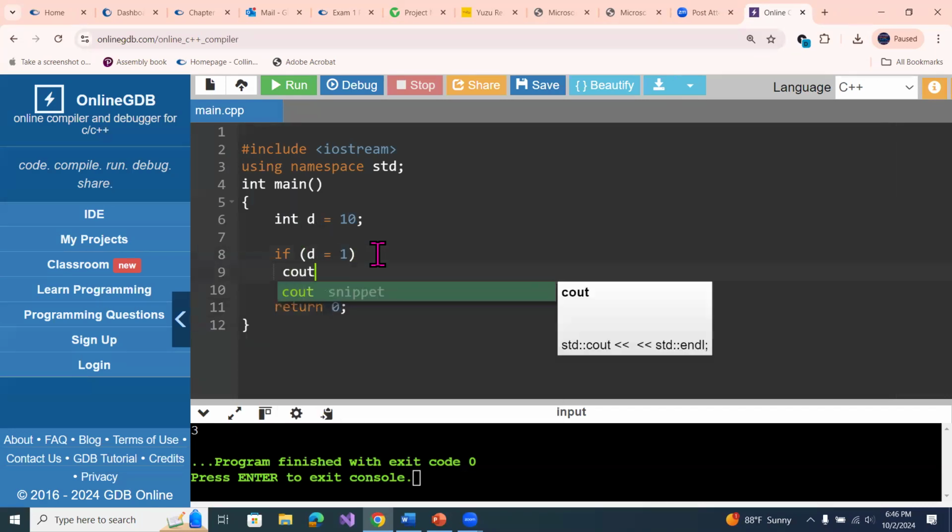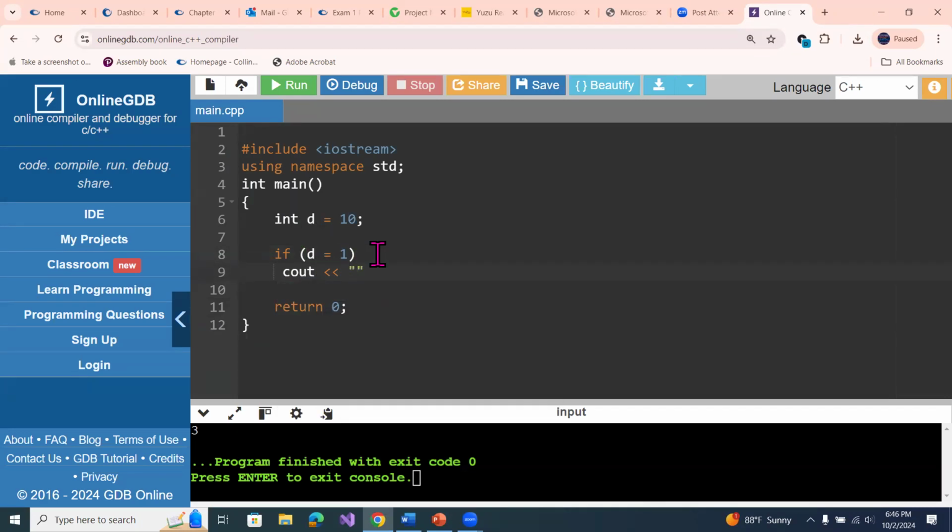And then I'll just do a cout here, and else cout. I just want you to see where it's going. Does it go here or does it go there? If these were two equal signs, D would not be equal to 1, so it would print out this. But there's only one equal sign, so it prints out here, because it just makes D equal to 1.